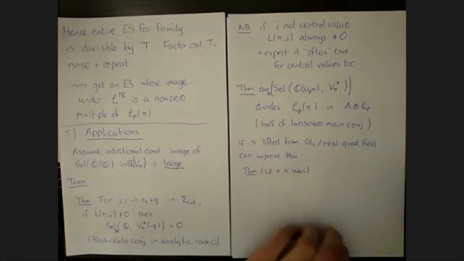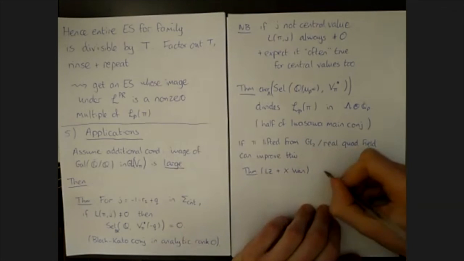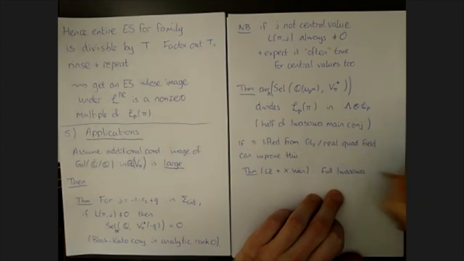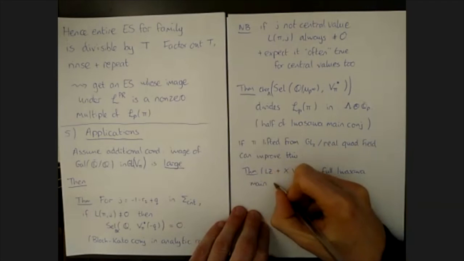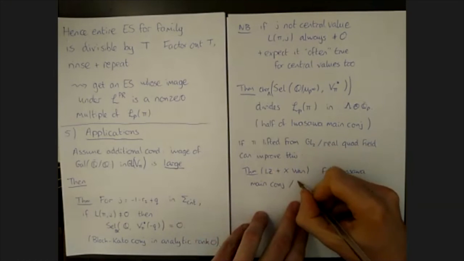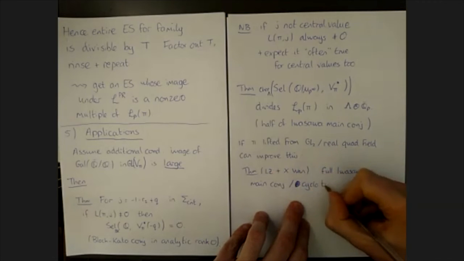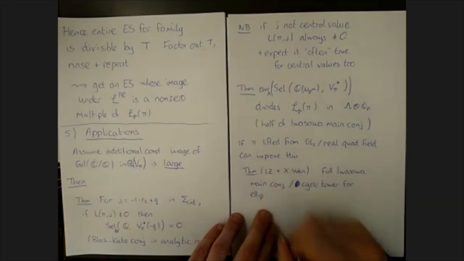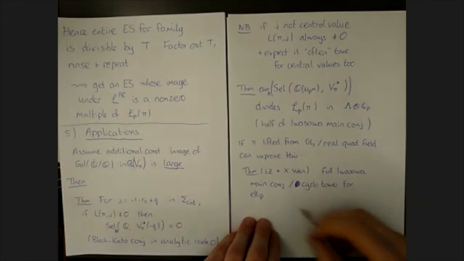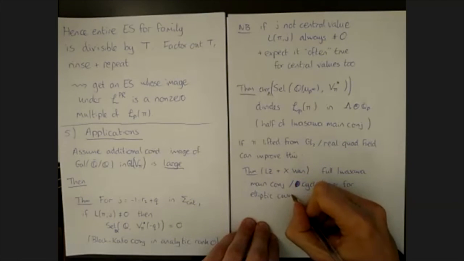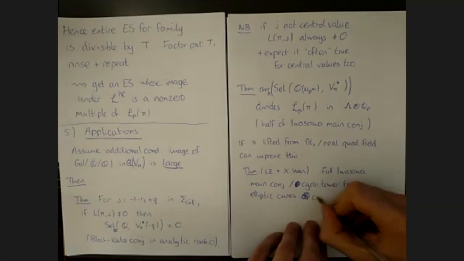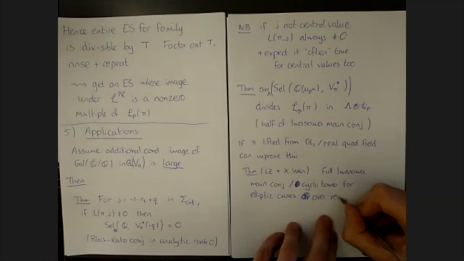So by comparing our results with those of Shin, then the full cyclotomic main conjecture holds for elliptic curves over, sorry, I'm losing my thread, over real quadratic fields.